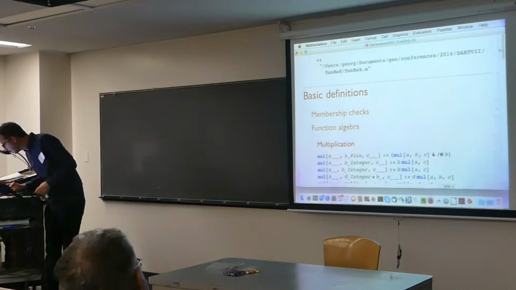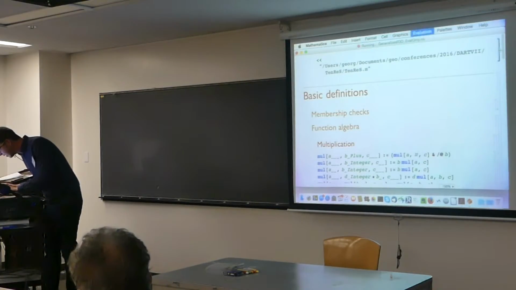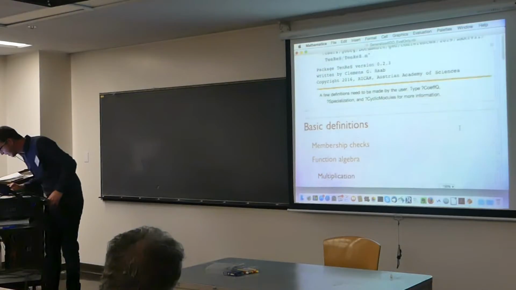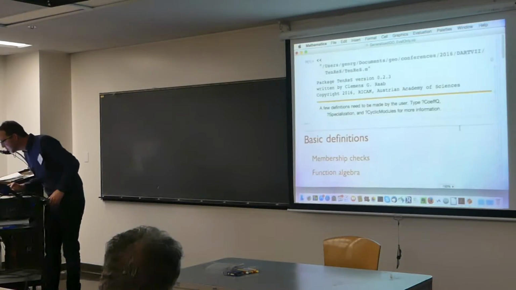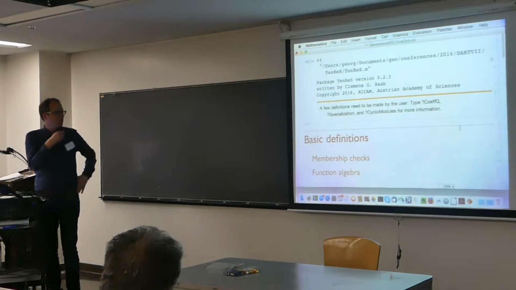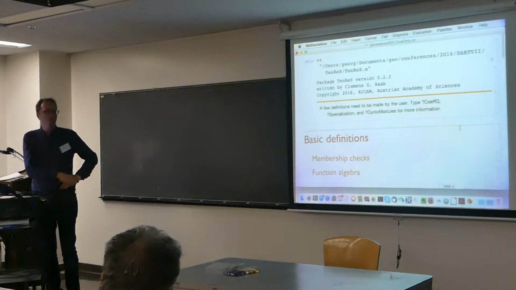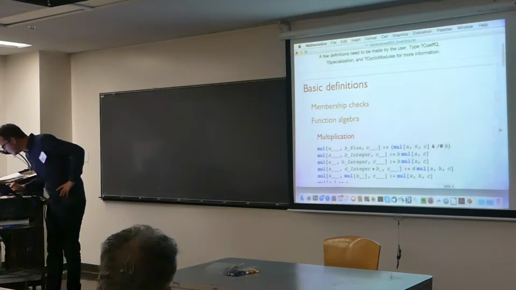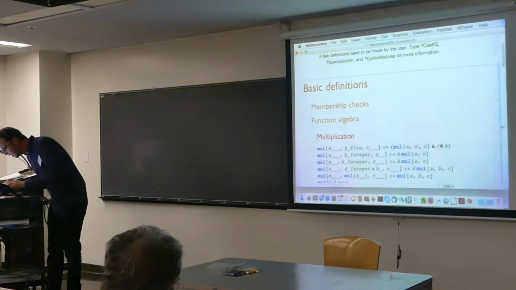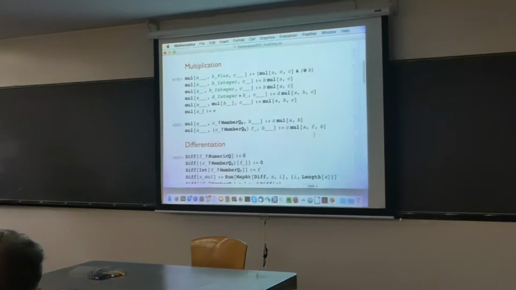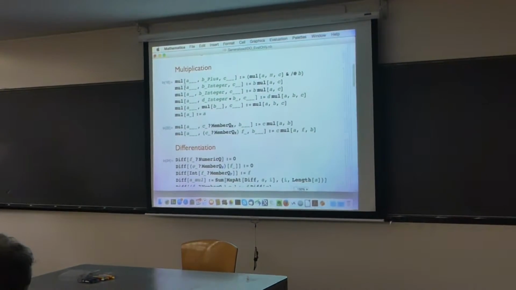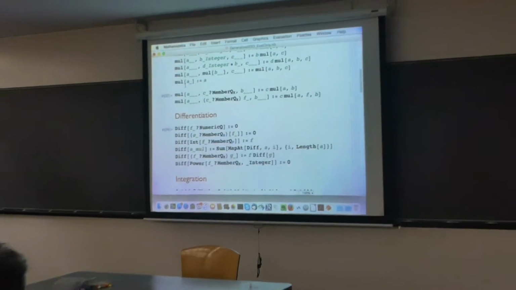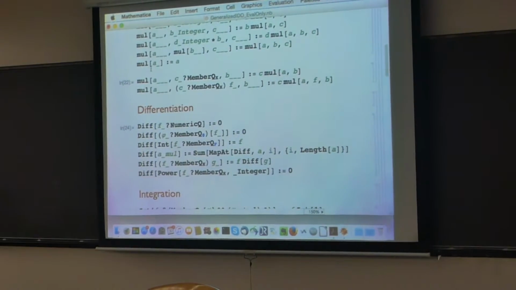And Clemens has implemented a package that allows you to do a lot of this supported by the computer. What you have to do is teach the algebra some basic identities, like how multiplication behaves, how differentiation behaves, and that the differentiation of the integral equals 0.